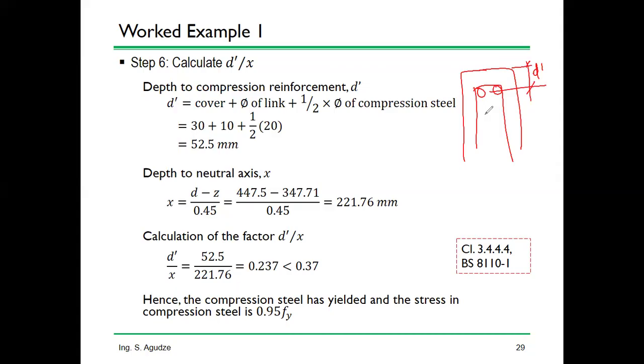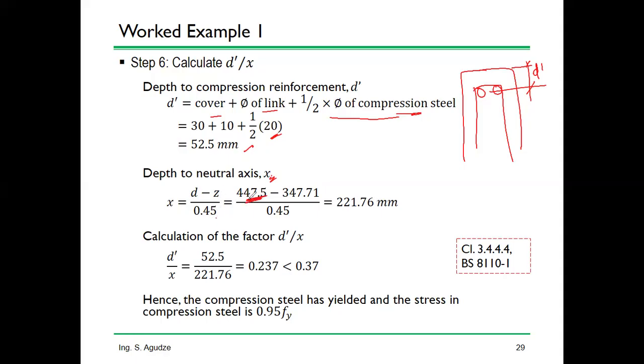Right. So the depth to compression steel is cover plus diameter of link plus half diameter of compression steel. And diameter of compression steel assumed is 20. Okay? And that will give us 52.5. So the next thing you have to determine is the depth to neutral axis, X. And the formula is D minus Z over 0.45.